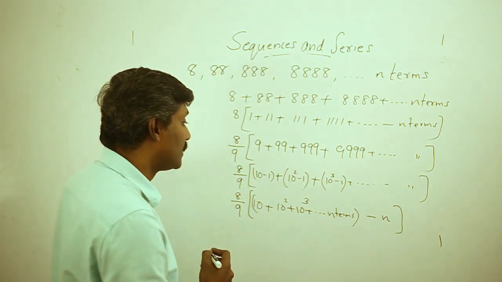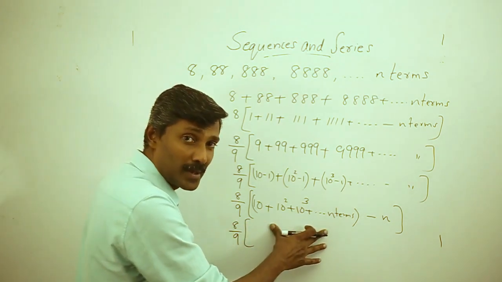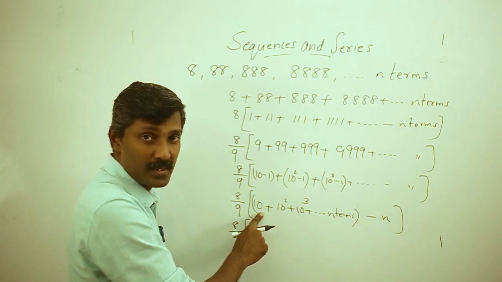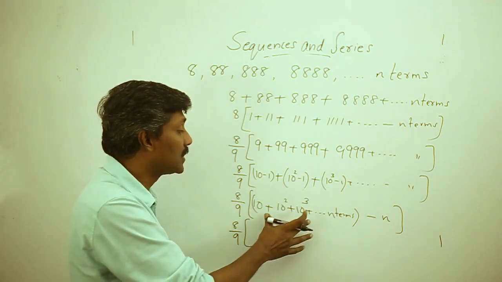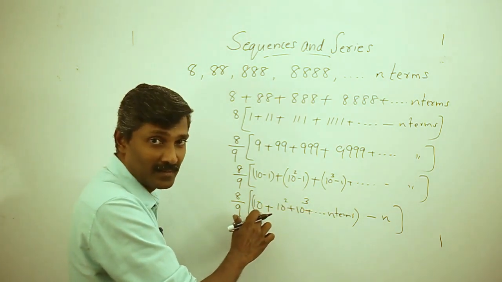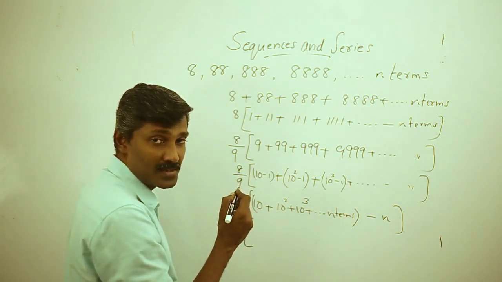Correct? Now, what you find inside the bracket is definitely a GP. Correct? Because the first term is 10, then 10 square, 10 cube, etc. up to n terms. So this is nothing but the sum of n terms with first term 10 and common ratio 10. Correct? So what is the answer for that?